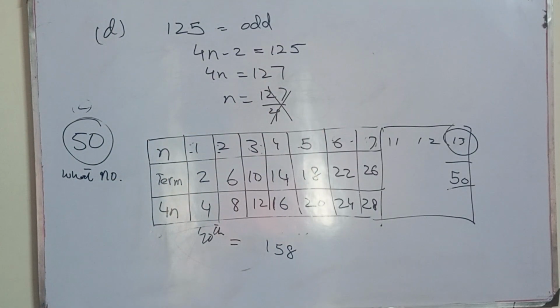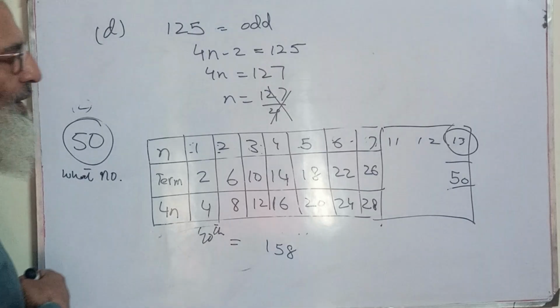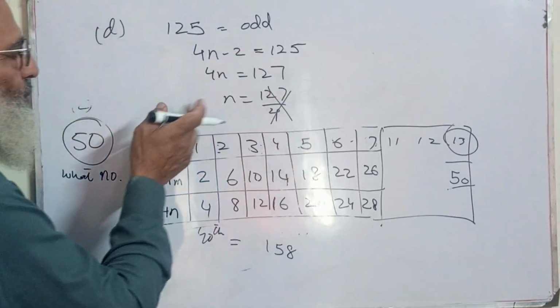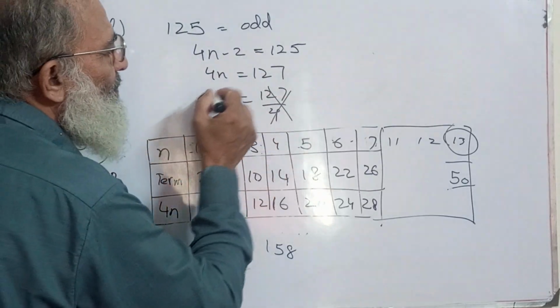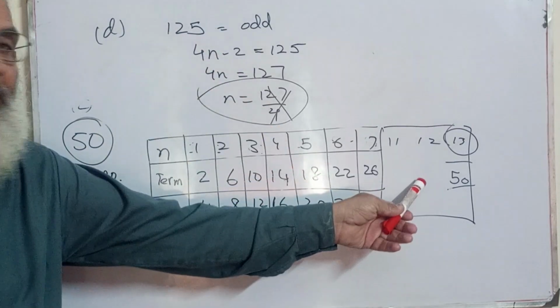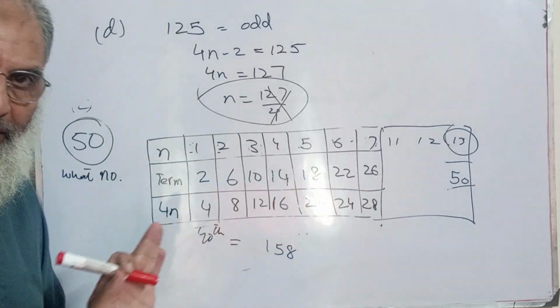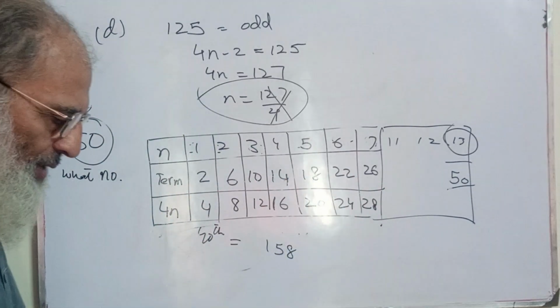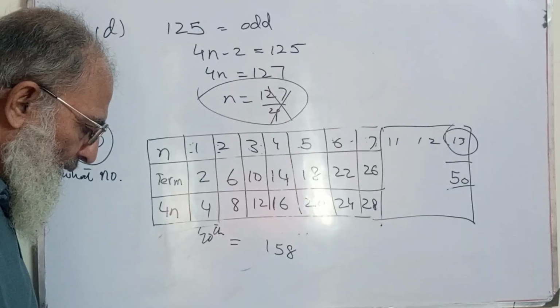The answer will come in points, and we don't want the answer in points. Therefore it is not completely divisible by 4, so the number does not exist in this sequence. Now the first four parts of this question are complete.